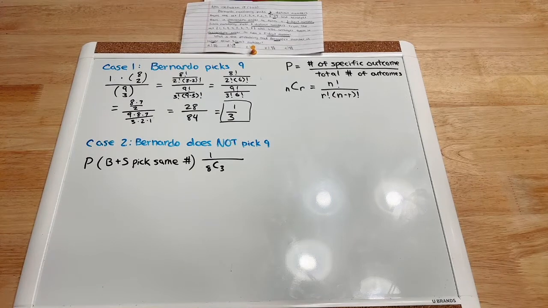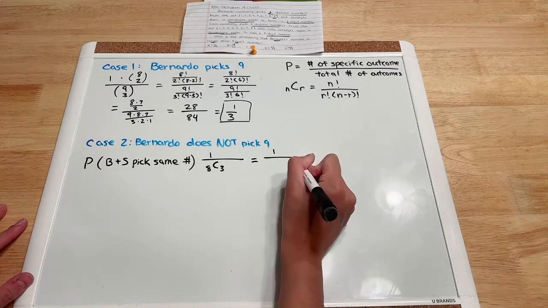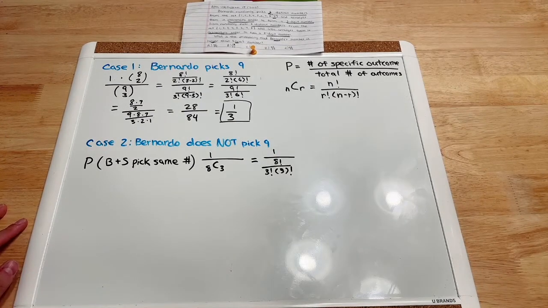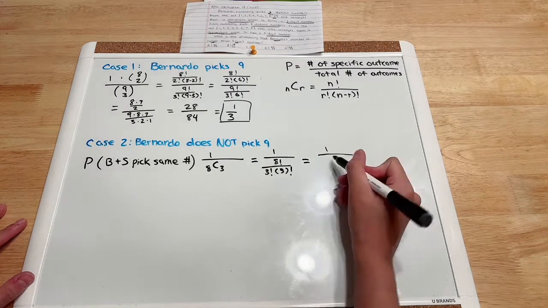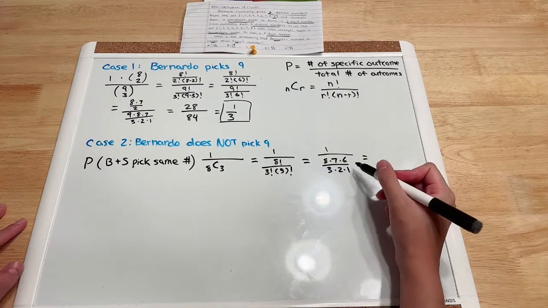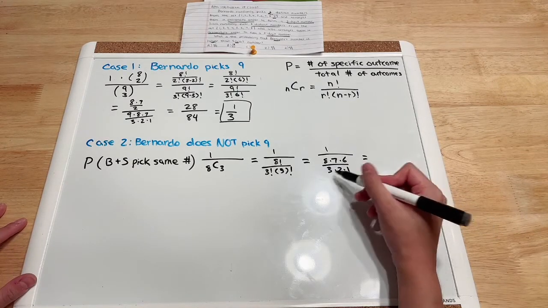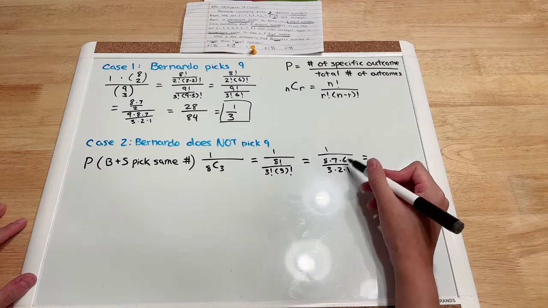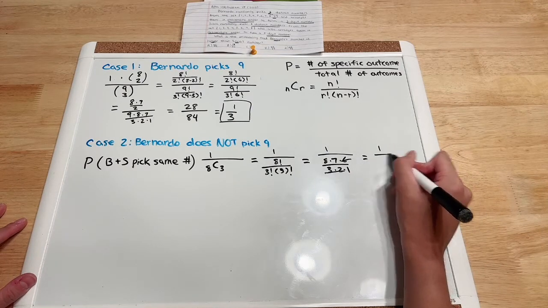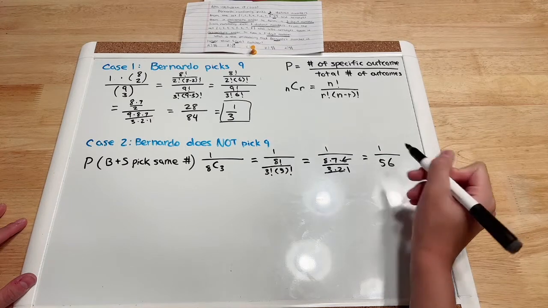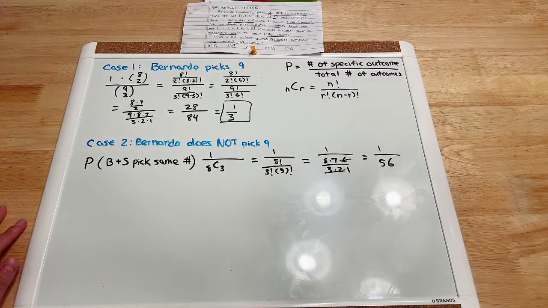So if we simplify, we get 1 over 8 factorial over 3 factorial times 5 factorial. And then we can simplify that, and we get 1 over 8 times 7 times 6 over 3 times 2 times 1. 3 times 2 is equal to 6, so we can cancel these two out. And then we would just get 1 over 56. So the probability that they pick the same number is 1 over 56.